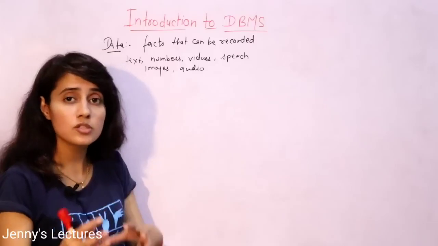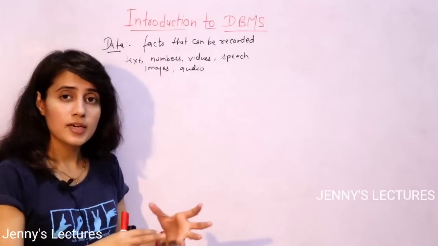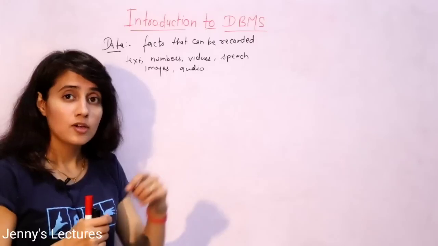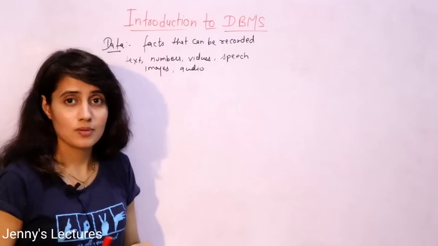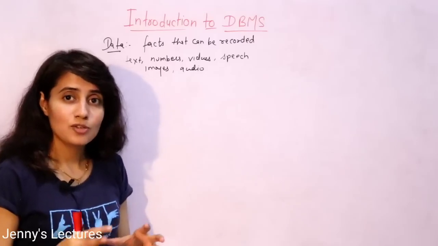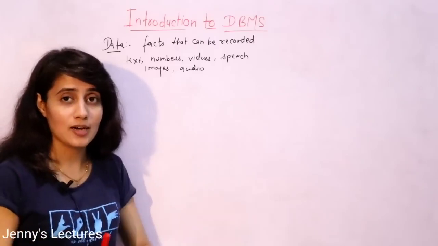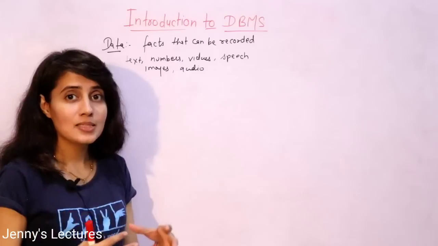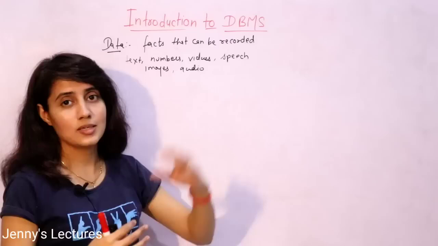No. They are just managing the data, and from that data they are making millions and billions. So nowadays if somebody has a large amount of data, he or she can make millions and billions of rupees from that data.